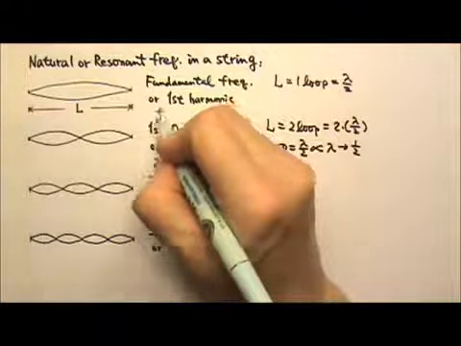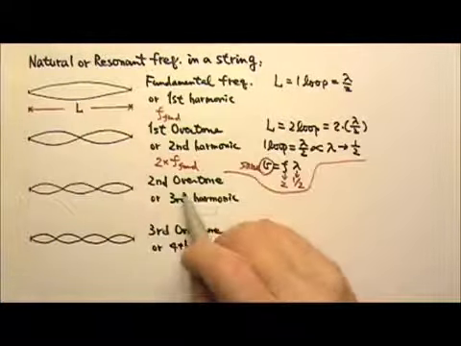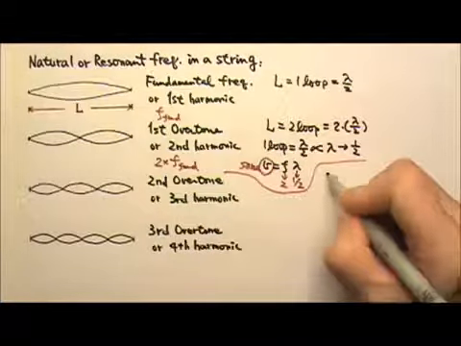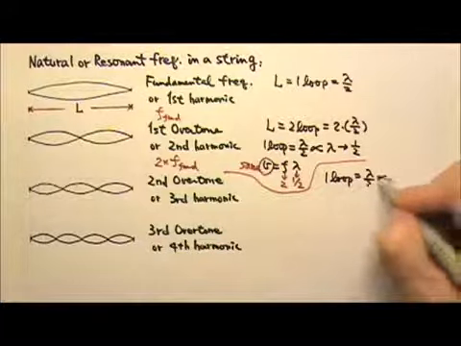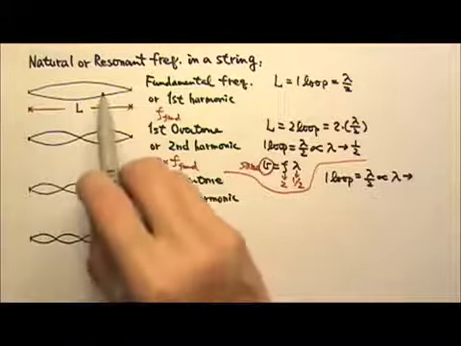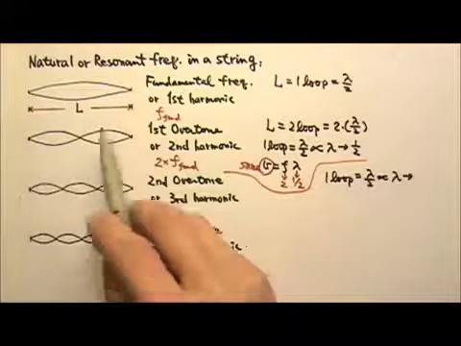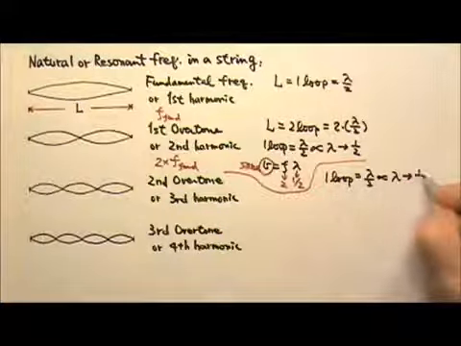If this one has a frequency, that's what we call the fundamental frequency. For the second overtone or the third harmonic, the length of one loop, again, is half a wavelength, which means it's proportional to the wavelength. The length of one loop compared to the fundamental frequency is 1/3 of that. So the length of one loop changes by a factor of 1/3.